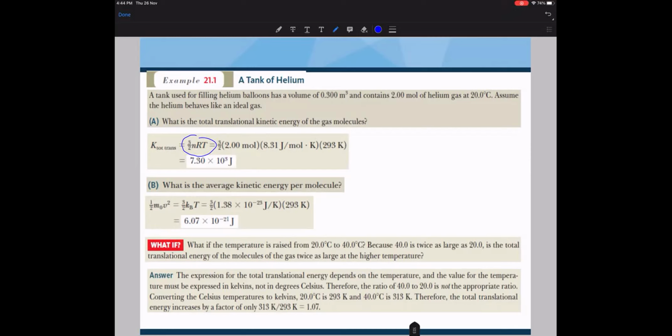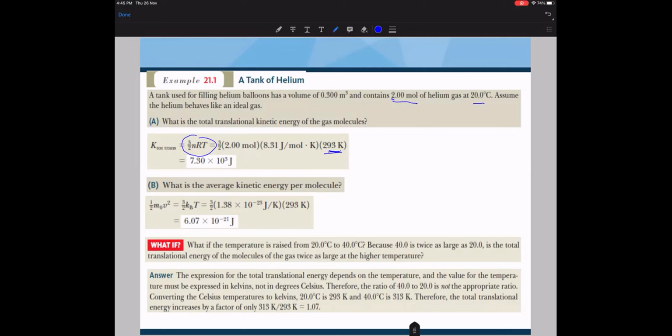No rotation, no vibration, just the translation. So that is given by 3/2 nRT. n is the number of moles, R is the universal gas constant, and T is the temperature. And at 20 degrees C, so that is the total translational kinetic energy.